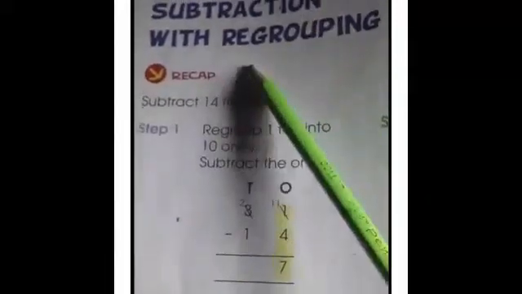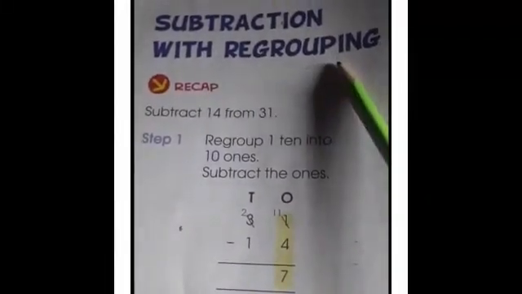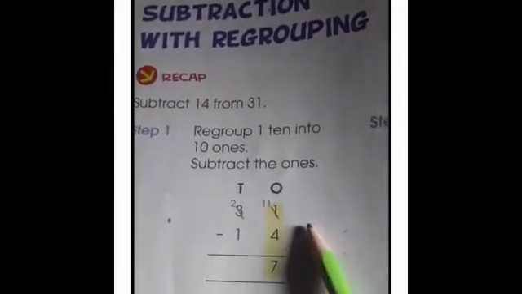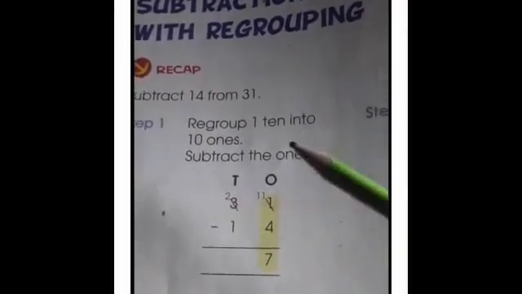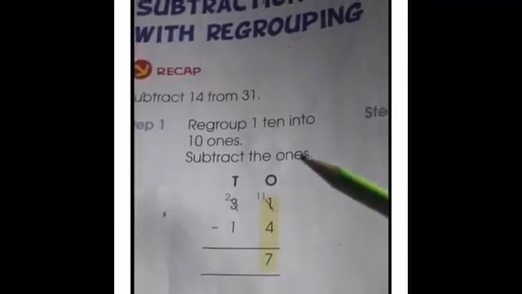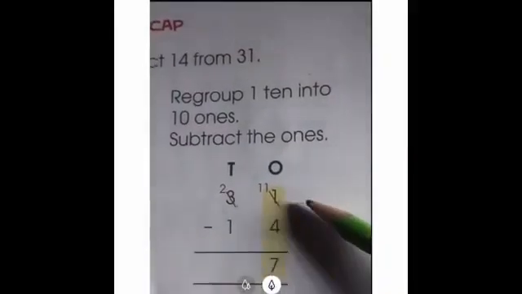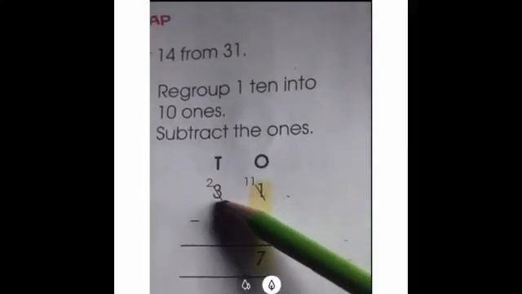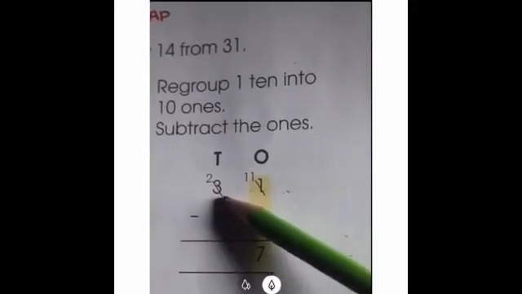Now subtraction with regrouping. In this topic you have learned how you can subtract 2-digit numbers or 3-digit numbers. First of all, you will subtract the digits in the ones place column. You can see in subtraction with regrouping, the top digit is smaller than the bottom digit, so you can't subtract both numbers. You need regrouping, and to regroup you borrow one from its neighbor.